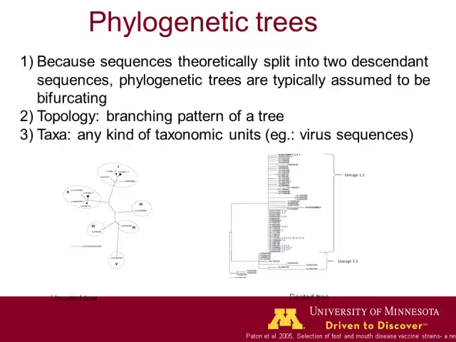So we take the information in that matrix and then put that information together and try to build a tree to see how the virus may have spread and moved and changed between the different farms and the different systems. A little bit of nomenclature here. We call topology any potential pattern of the tree. And taxa is any kind of taxonomic unit. So for example, in our analysis, the taxonomic units that we are analyzing are the virus sequences.